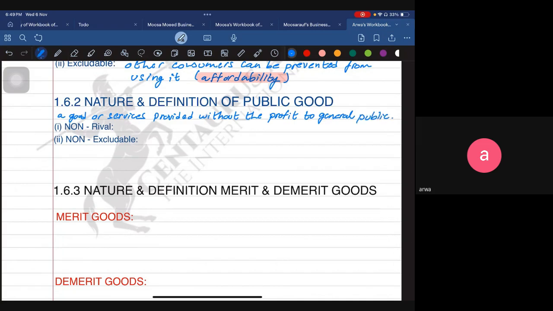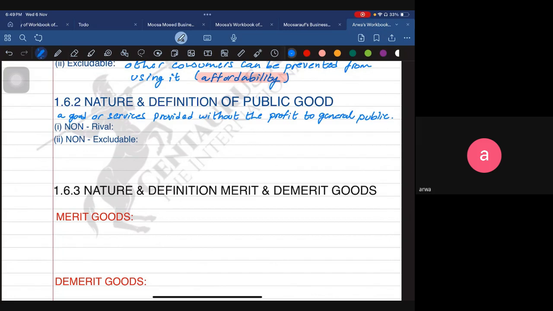So how come they are non-rival? When we were talking about the rivalry of the private goods, we studied that they are rivals because they are in limited supply. There might be some cases where public goods are in limited supply, but right now we are talking about the general situation.